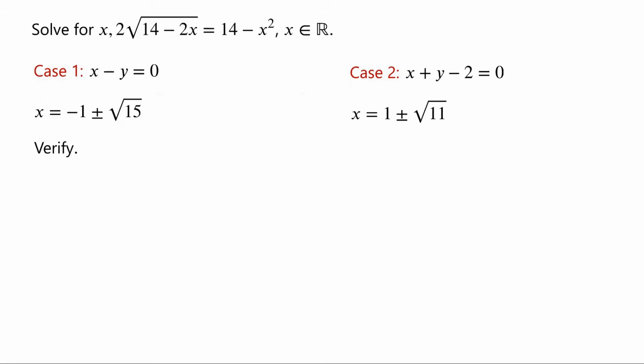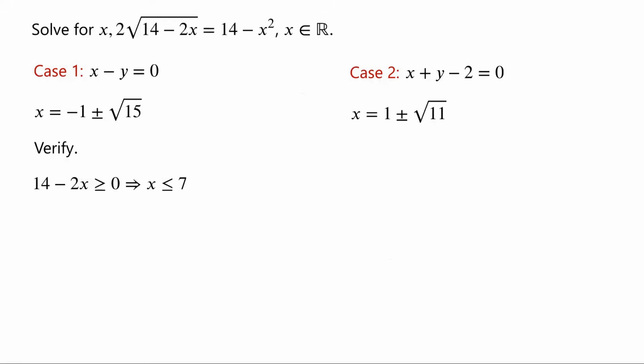Next, we verify whether they are solutions of the original equation. Before doing this, we need to consider the domain restrictions imposed by the square root and the equation itself. The radicand 14 minus 2x must be greater than or equal to 0. So, x must be less than or equal to 7.